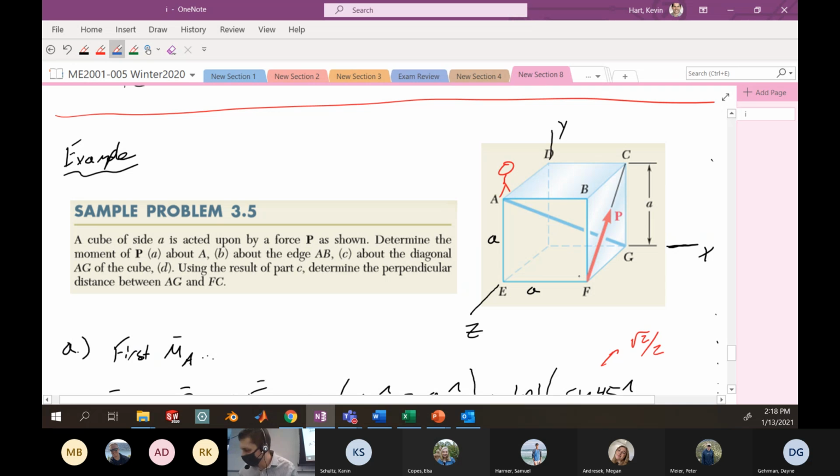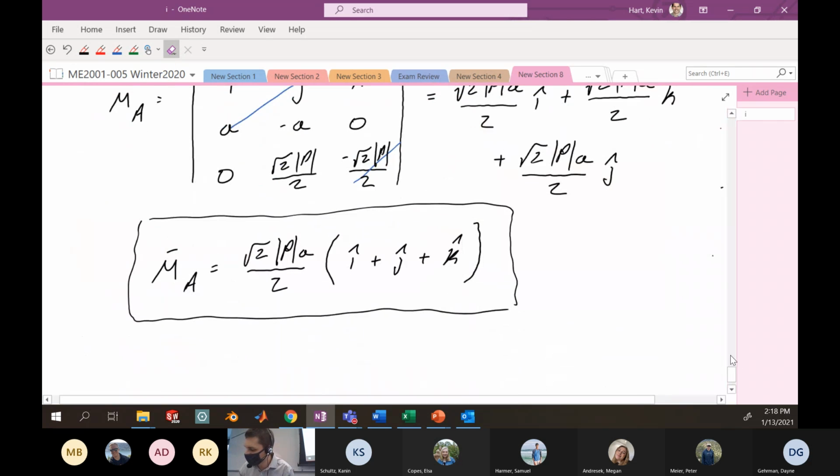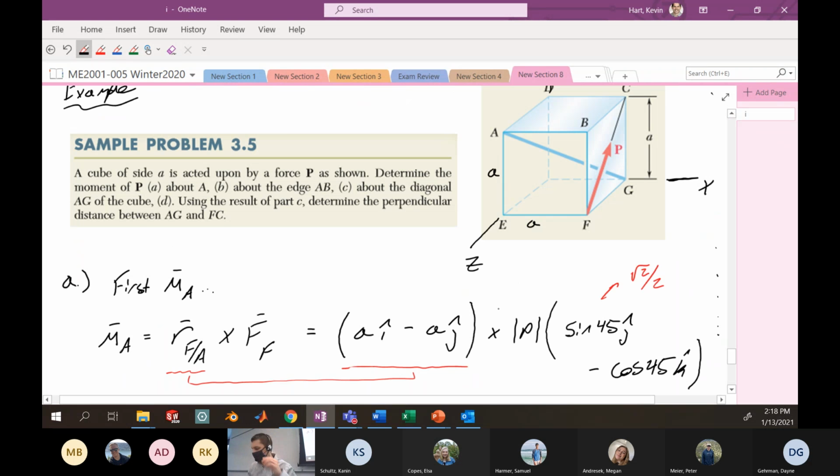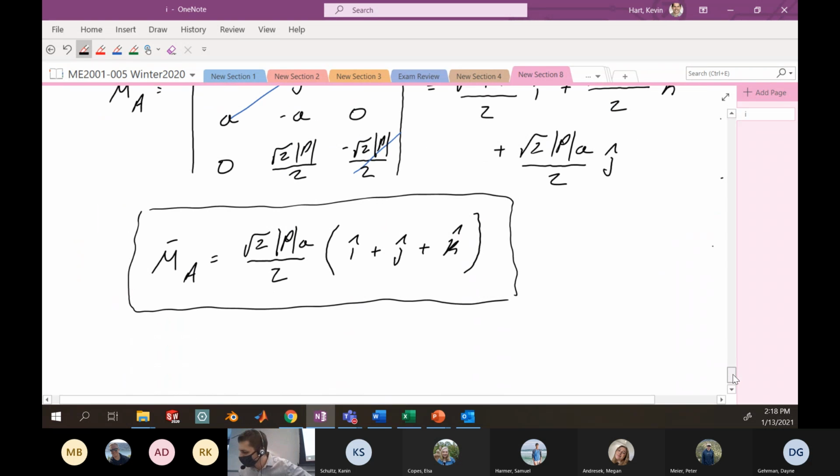What I'm going to end up with is a moment that is sticking generally in the positive x, y, z direction, with equal contributions in all directions. And that's what I see here. Equal contribution in x, y, and z, positive direction. That's what I get out of this moment. So I'm generally happy with that calculation. All right, so that's part A.